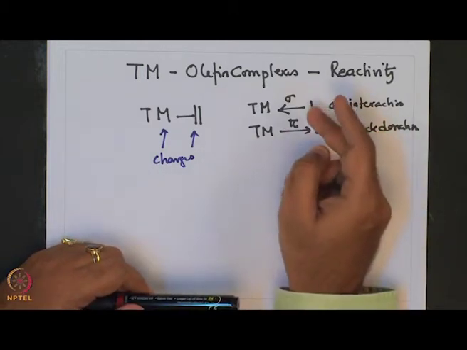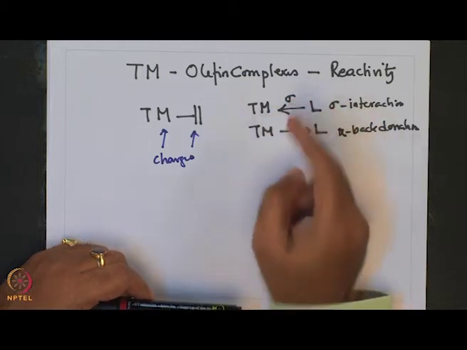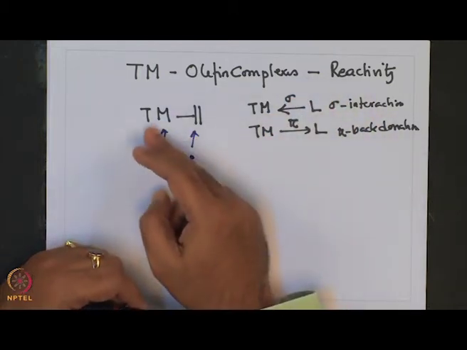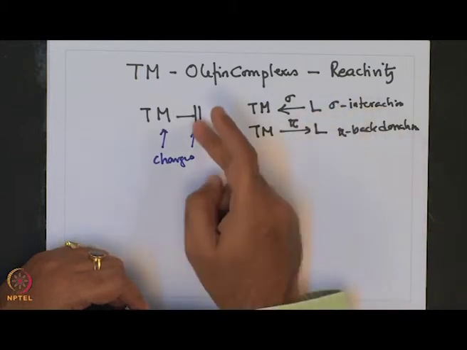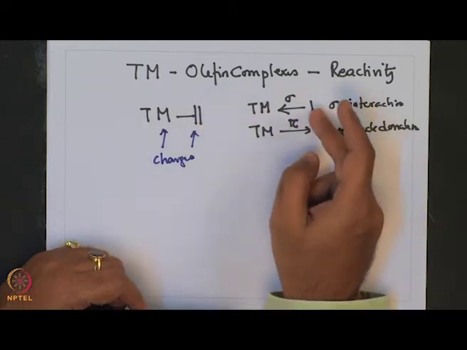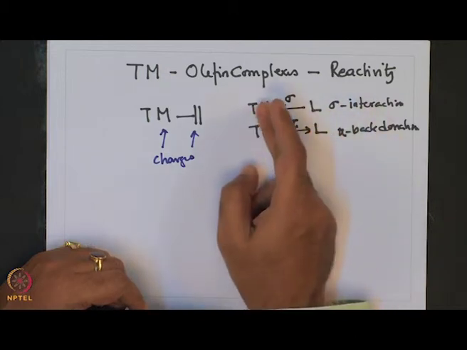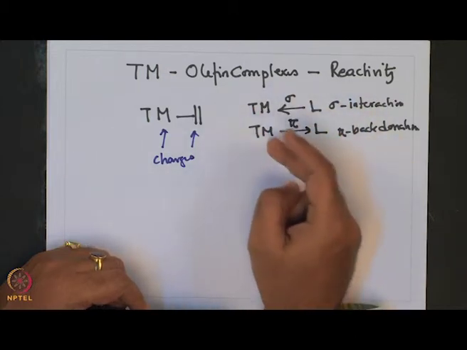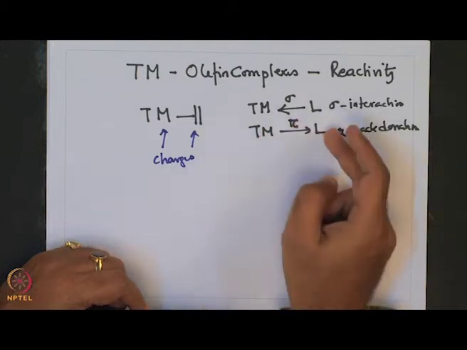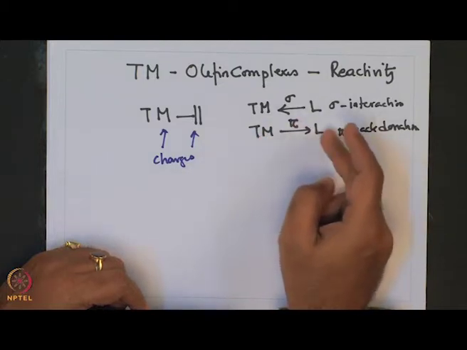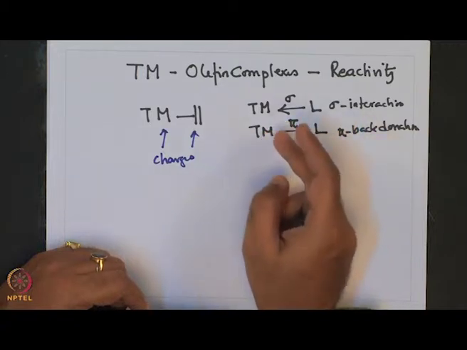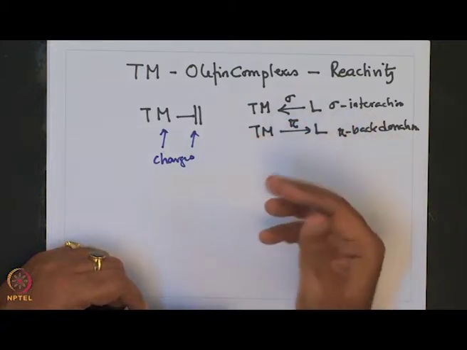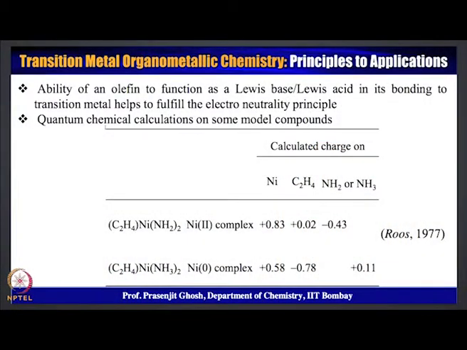For example, if there is predominance of sigma donation, then the transition metal would be less positively charged and the ligand would be more positively charged, because there is a loss of electron density on the ligand and a gain of electron density at the transition metal. And if there is a predominance of pi back donation, then the ligand electron density would increase, whereas the electron density on the metal would decrease. And thus, by looking at the calculated atomic charges, one can get an idea as to the nature of the forward sigma donation and backward pi donation that occur in these complexes.